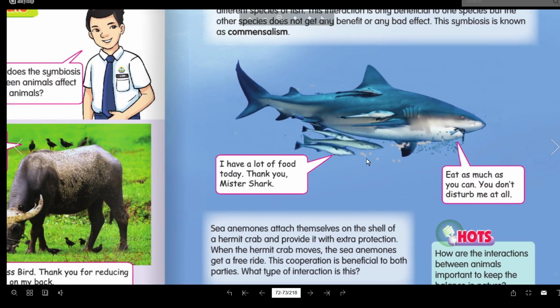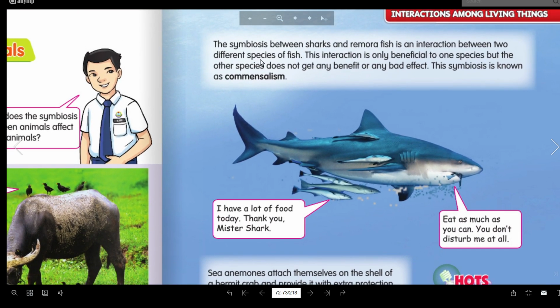Next is commensalism. So symbiosis between shark and remora fish is an interaction between two different species of fish, and this is beneficial for one species, but the other species does not get any benefit or any bad effect. This is called commensalism. Like here, these tiny fish are saying, I have a lot of food today, thank you, Mr. Shark.